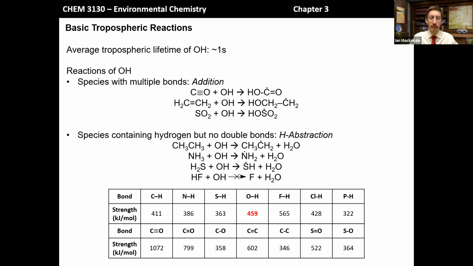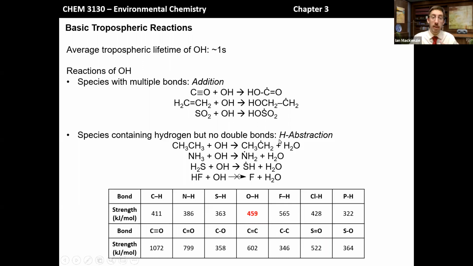And that comes from looking at the bond strengths. So the bond strengths of the new bonds that we form has to be greater than the sum of the bond strengths that we break in order for this reaction to be exothermic or favorable.